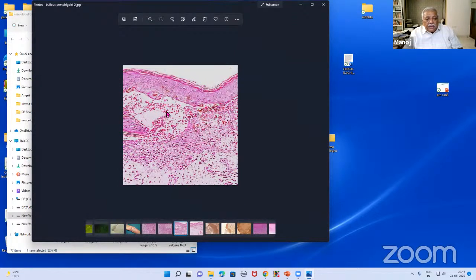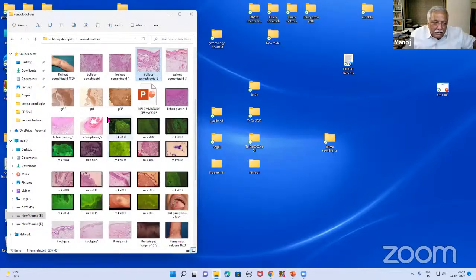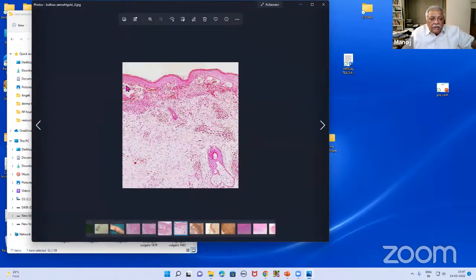As opposed to pemphigus vulgaris, where there was a suprabasal cleft, can you make out here that this part of the epidermis is relatively nice looking? It's split. It doesn't have a dermis below it, but it's intact. It's viable. And by special stains, you can always show these things off. Same thing here.